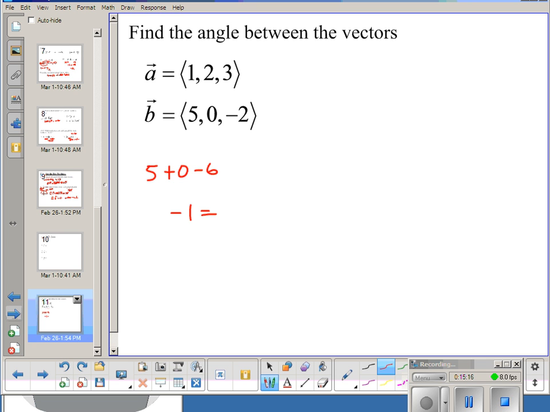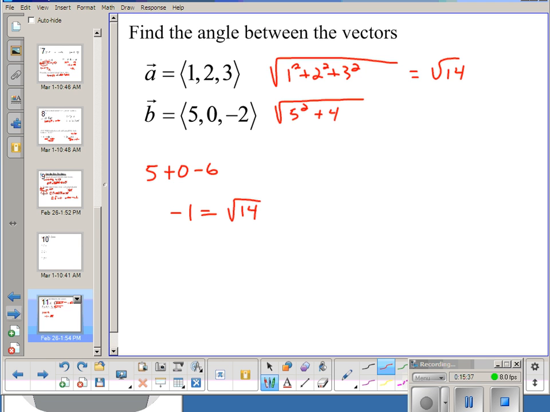The next thing I need are my magnitudes, and to do that we do our version of the Pythagorean theorem: 1 squared plus 2 squared plus 3 squared, square root that, and that is the square root of 14. So that's the magnitude of A. I'm going to take the magnitude of B, which is 5 squared plus 2 squared, jumping ahead, and that's the square root of 29.